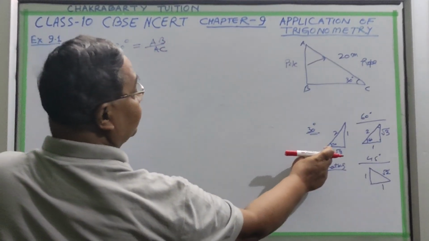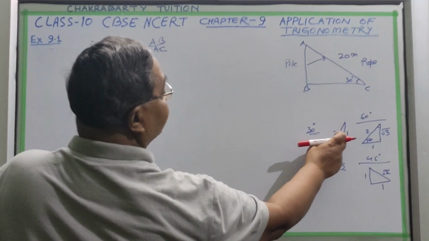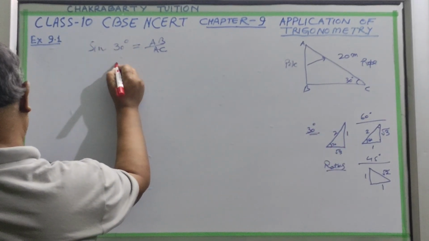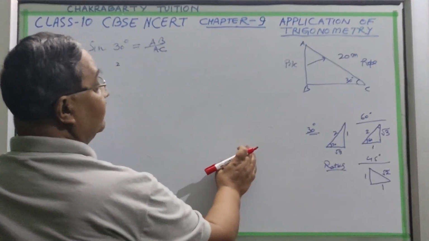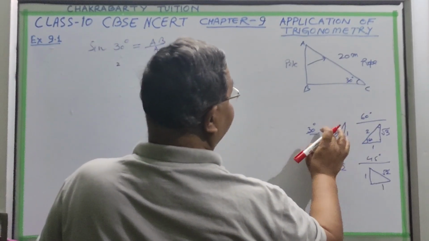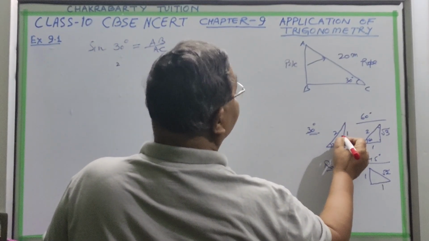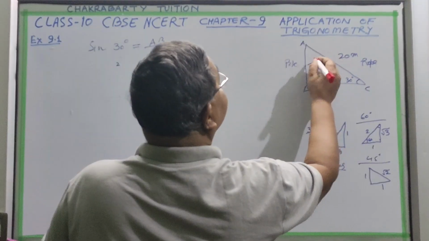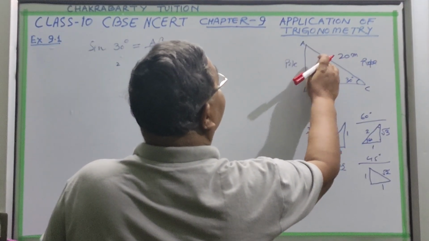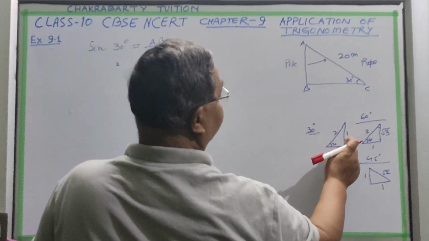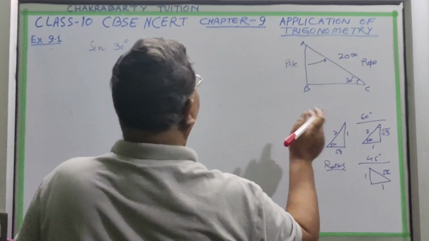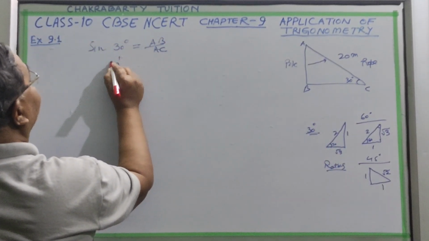Sine 30 will be 1 by 2, that is, pole to this side, it will be 1 upon 2.